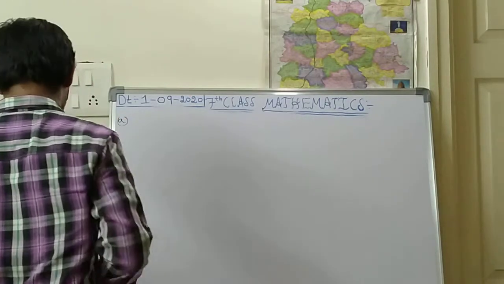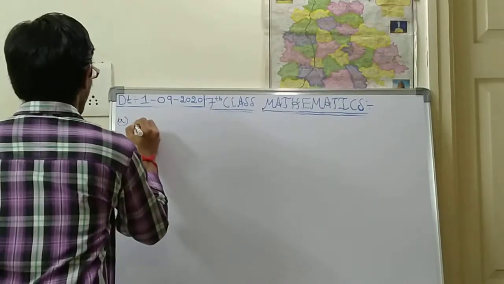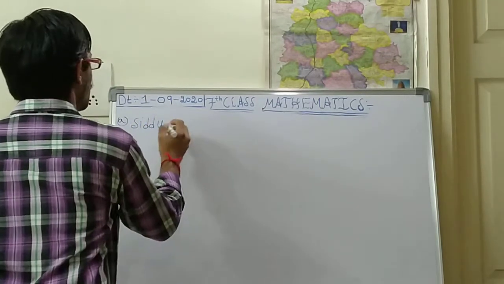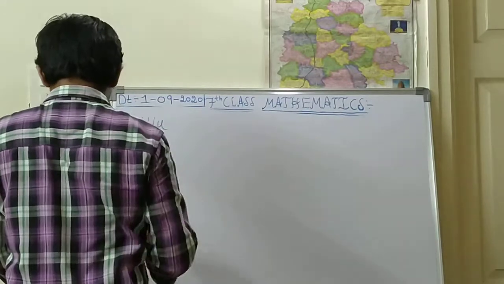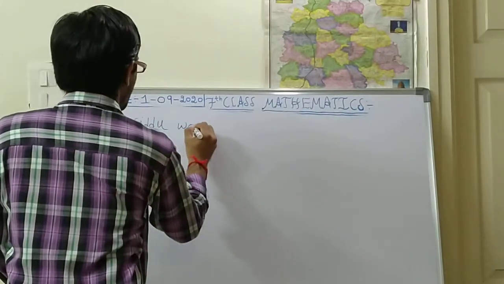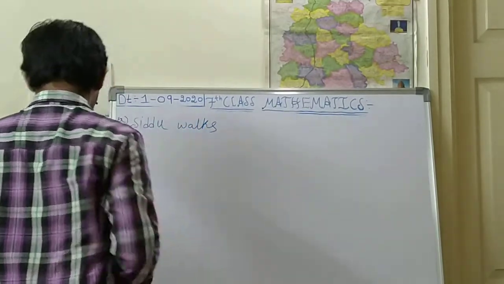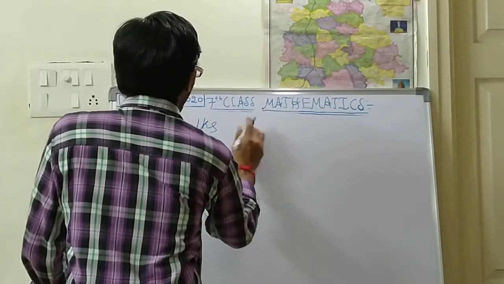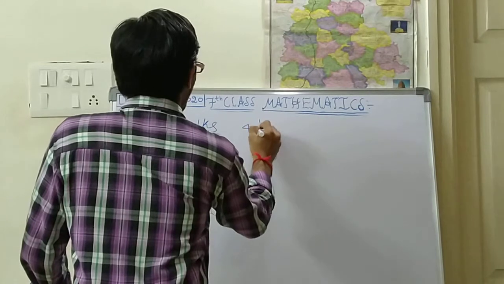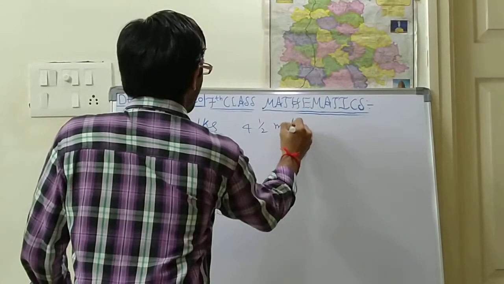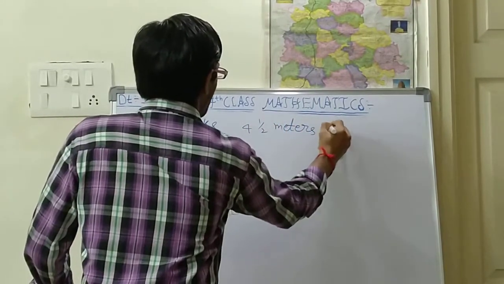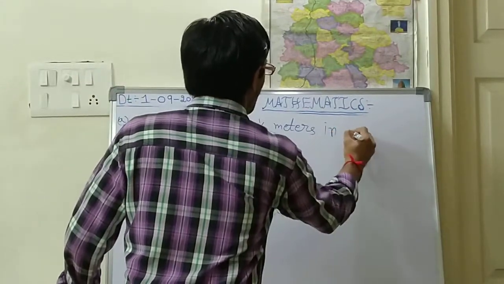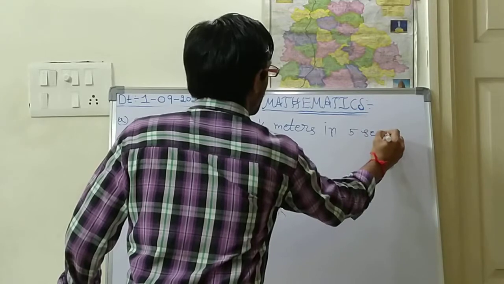First, A problem. Sidhu walks 4.5 meters in 5 seconds.